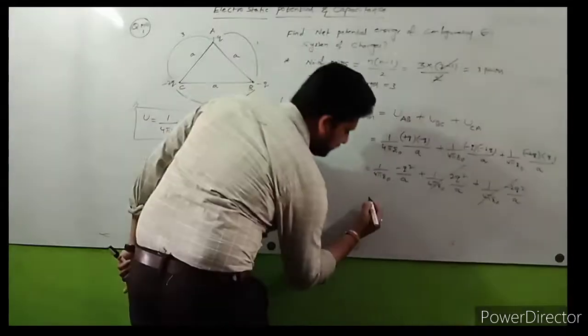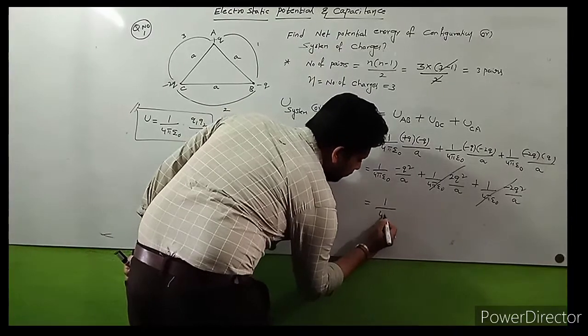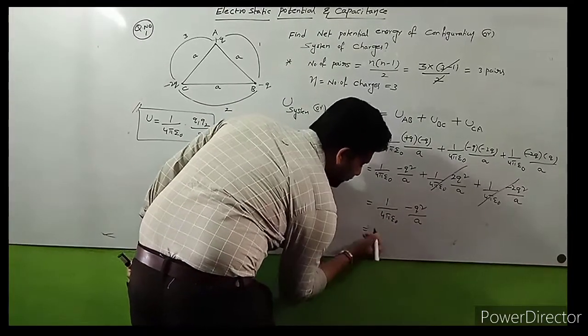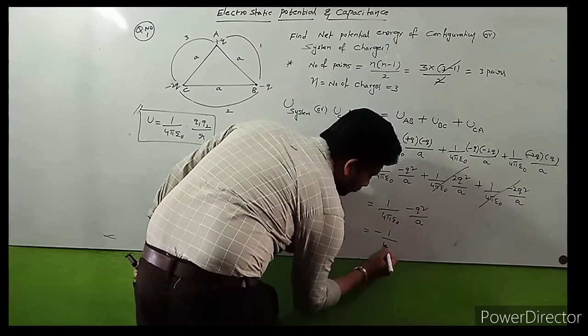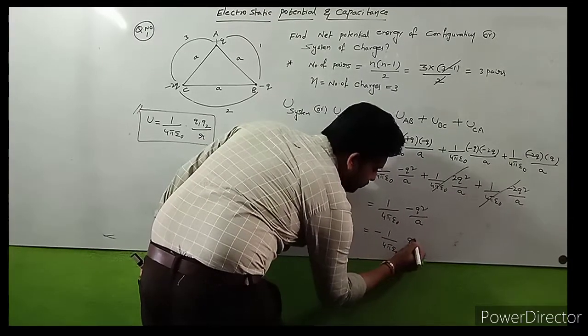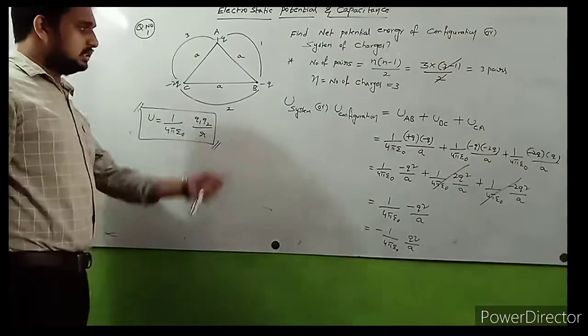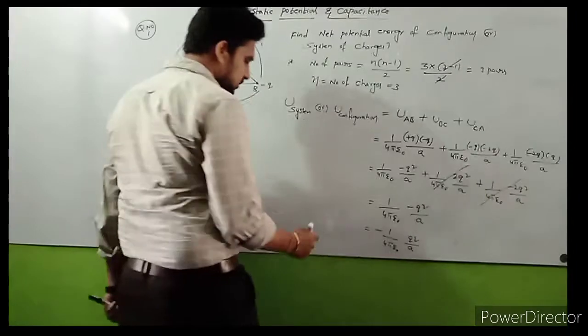Then what is finally left is 1 by 4 pi epsilon naught minus Q square by A, then minus 1 by 4 pi epsilon naught Q square by A. This is the net potential energy of the system.